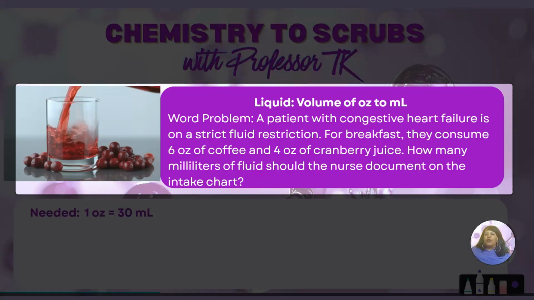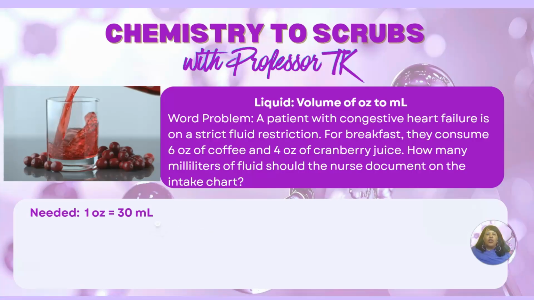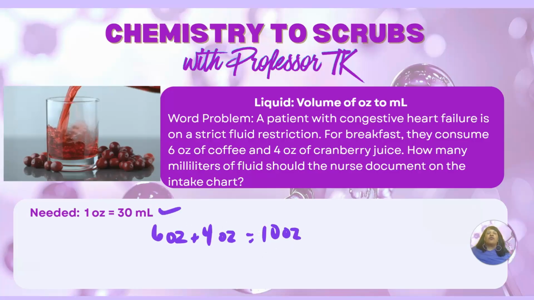So here's what we're going to do for this particular problem. First off, what you have to understand is that they are consuming 2 different types of drinks, right? Well, here's the catch. With them consuming 2 different drinks, you need to get the total. So that's 6 ounces plus the 4 ounces, and that just gives you 10 ounces. But something else that you need is this particular conversion right there.